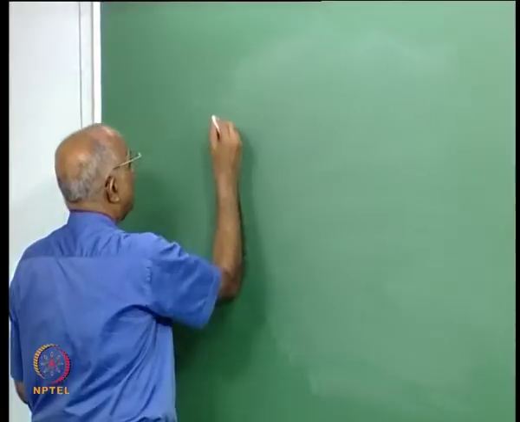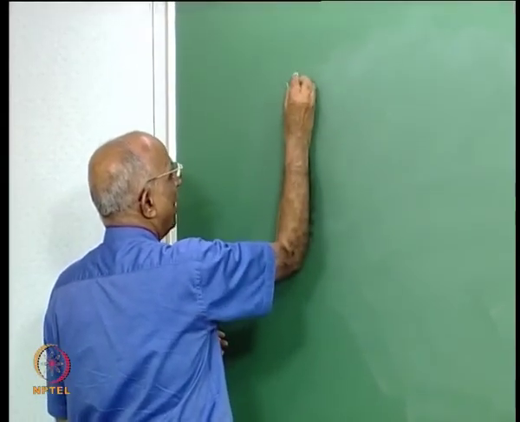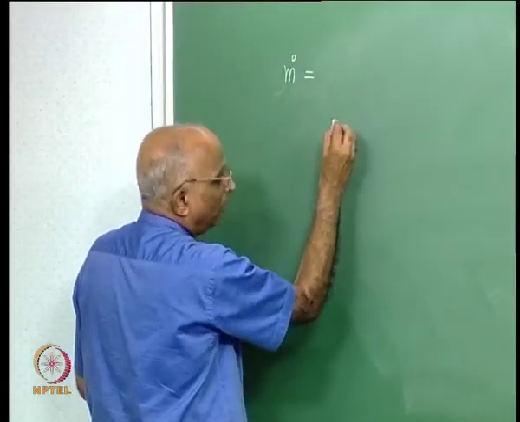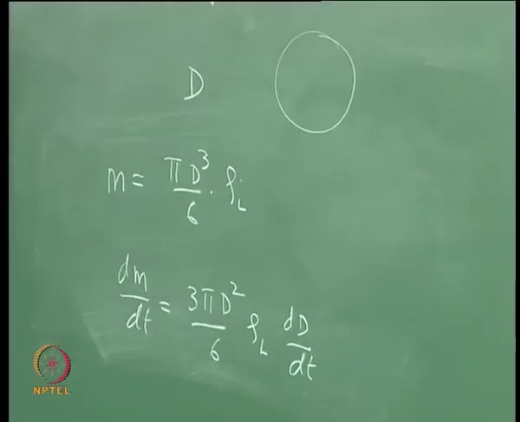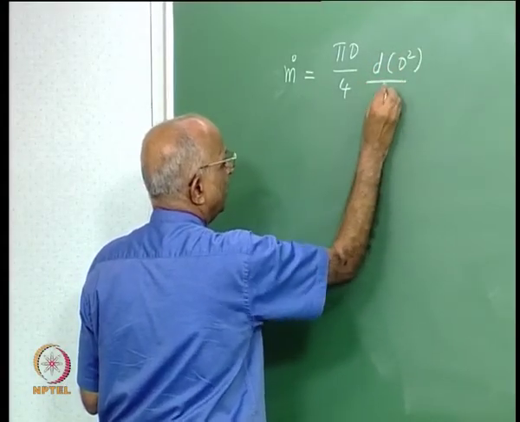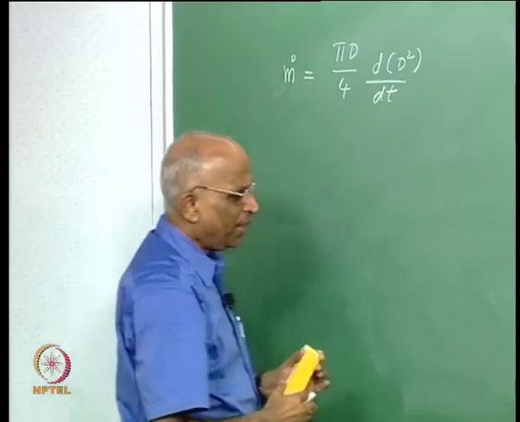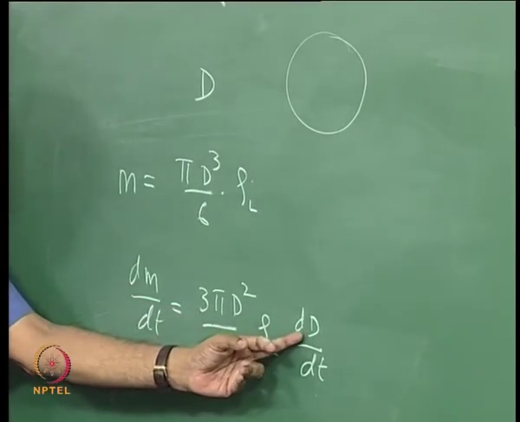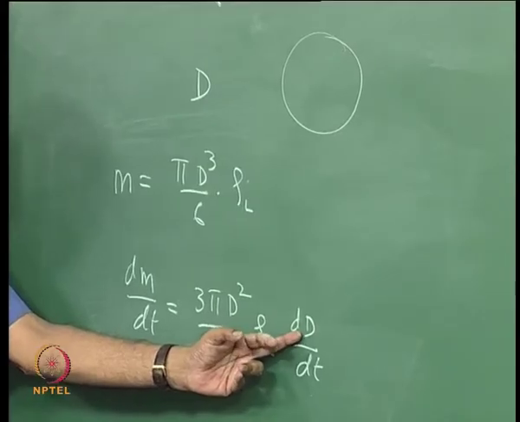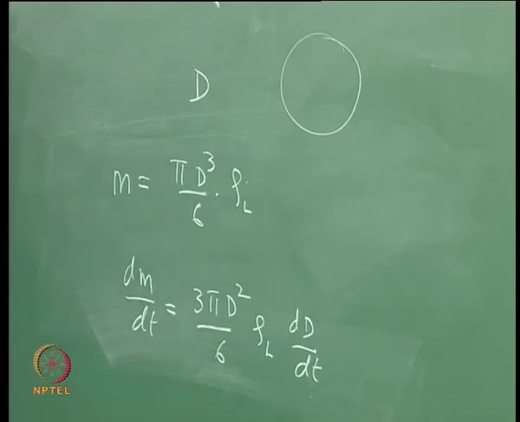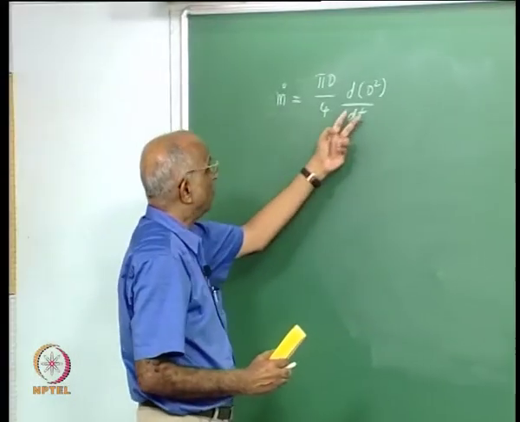I can write therefore dm by dt, which is equal to m dot of the droplet, is equal to pi d divided by 4 into d of d square divided by dt. What did I do? I brought one d here, it becomes dd square, but d of d square is 2d, therefore, another 2 should come here, therefore, I should divide it by 2 and I get the value of pi d by 4 d square by dt.